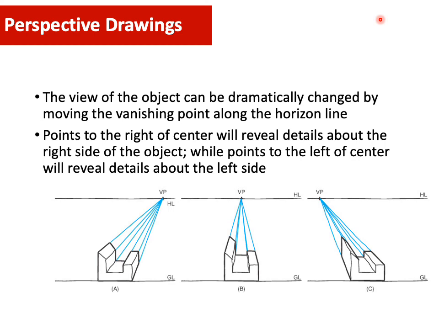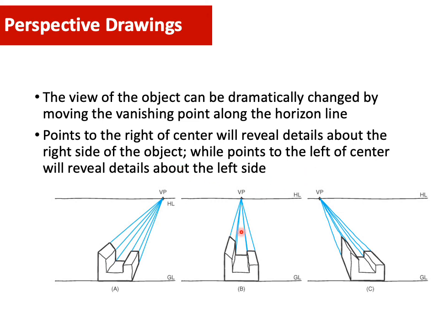The view of the object can be dramatically changed by moving the vanishing point along the horizon line. As you can see in the figure below, there are three types. Here the VP is going to the right side, so all the objects, based on the VP, go to your left side.